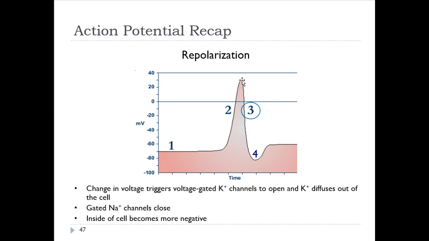Finally, what's going to happen is we have to repolarize. We have to get everybody back on the other side. And how we're going to do that is we're going to have a change in voltage that's going to stimulate these voltage-gated potassium channels to open, and potassium will diffuse out of the cell. Those are also going to go ahead and shut that sodium from coming in the cell.